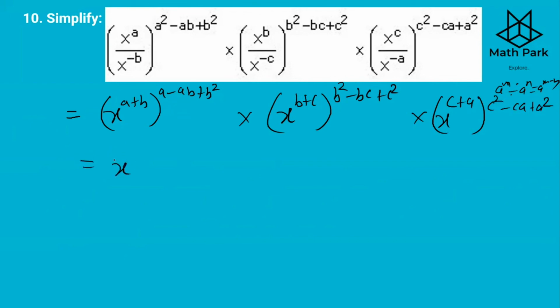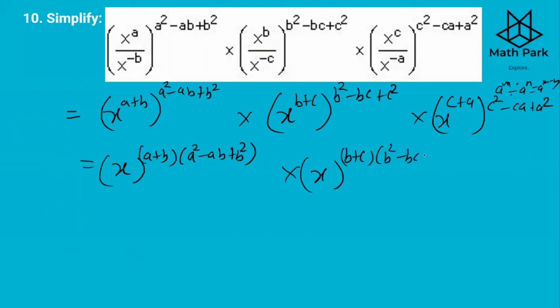Now a raised to m raised to n is equal to a raised to mn. So we get x raised to a plus b into a square minus ab plus b square, into x raised to b plus c multiplied by b square minus bc plus c square, into x raised to c plus a multiplied by c square minus ca plus a square.